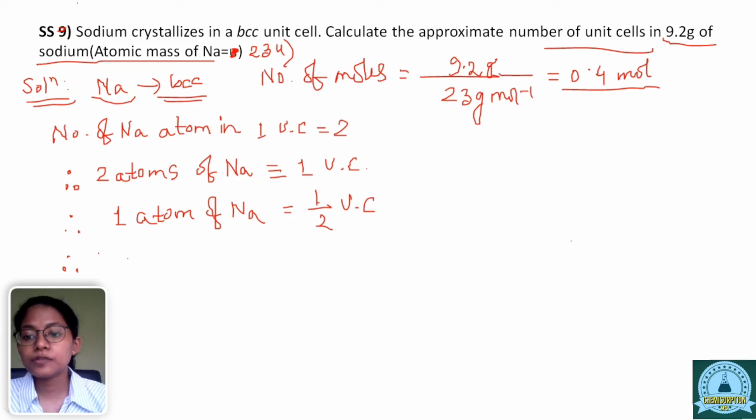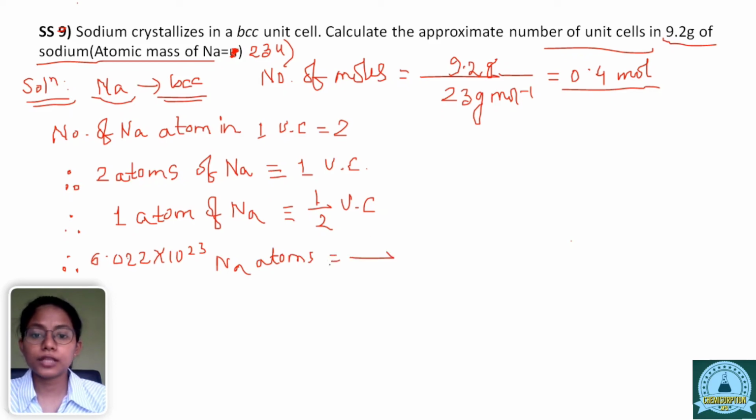Therefore, now we will consider 6.022 into 10 to the power 23 sodium atoms is equivalent to half into 6.022 into 10 to the power 23 unit cells.